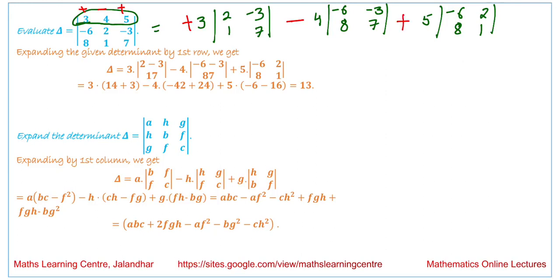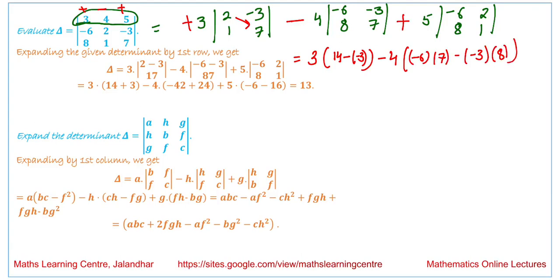On expanding these determinants, we will get 3 into 2 into 7 minus 3, then minus 4 into minus 6 into 7 minus 3 into 8, and last plus 5 into minus 6 into 1 minus 8 into 2.